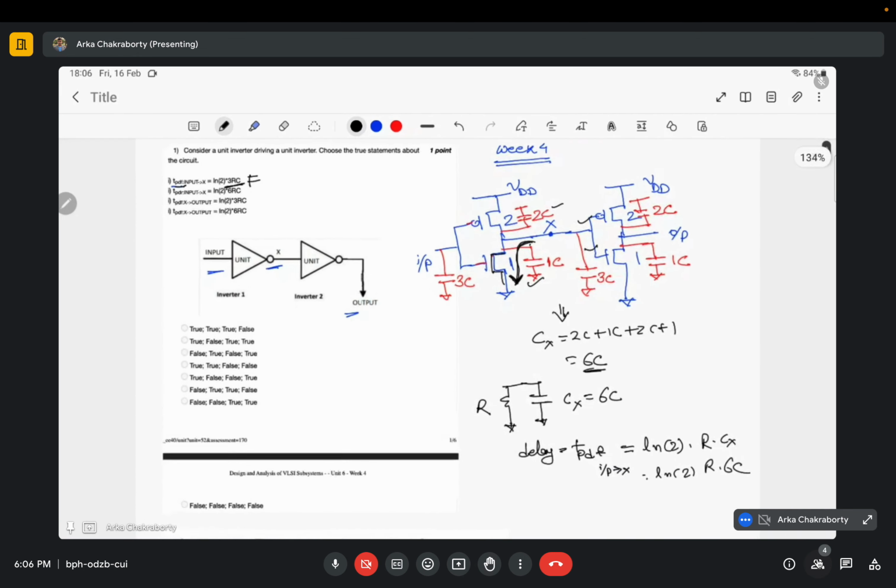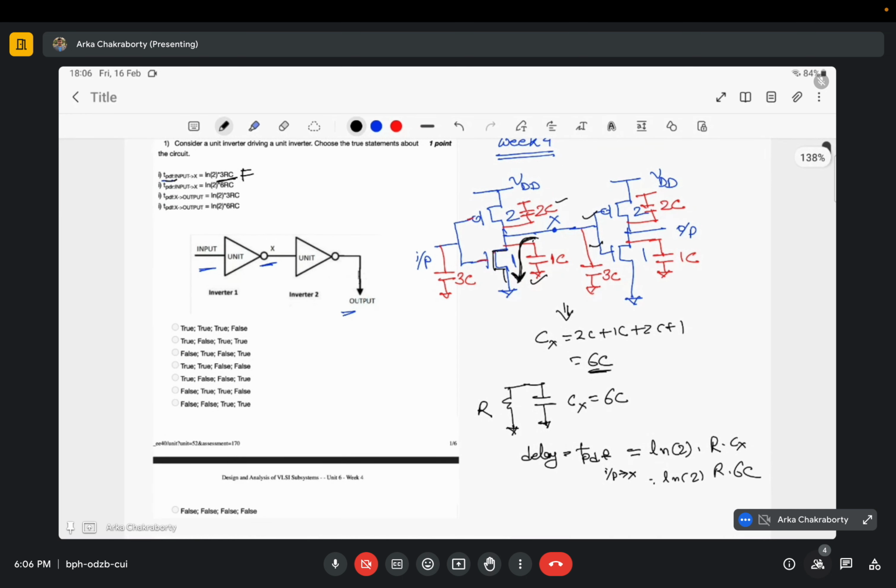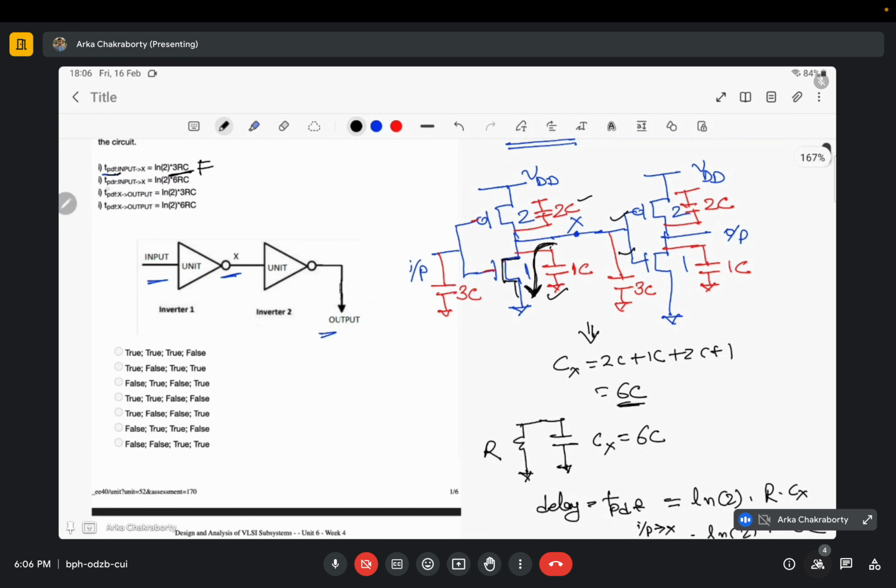Okay, now the second one is t propagation delay rising, so my PMOS stack would be involved. The NMOS stack is called the pull-down stack, and the PMOS stack is called the pull-up stack, right?